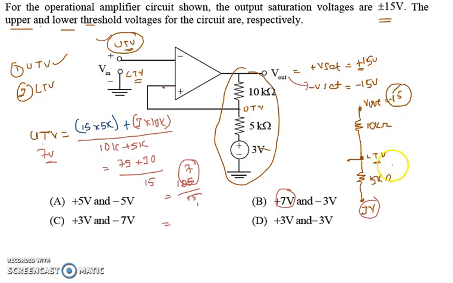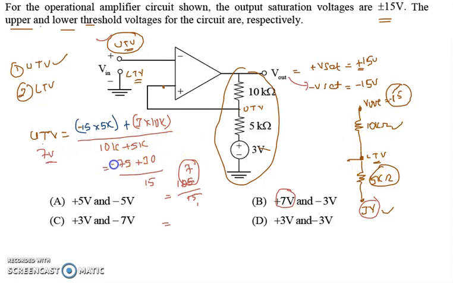But here the change is that minus 15 into 5 kilo ohms, right? That means here I have to put down a minus 15 into 5 kilo ohms, and 3 into 10 kilo ohms is as usual, divided by the denominator part, which is also as usual, total series resistance 10k plus 5k.